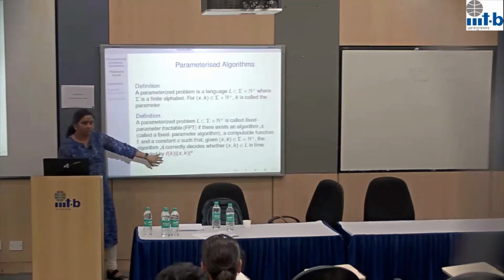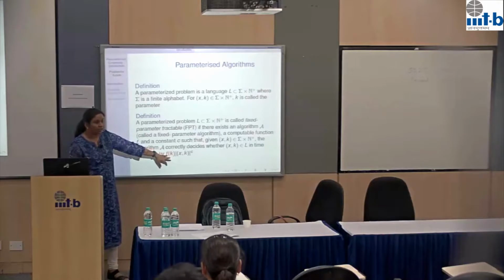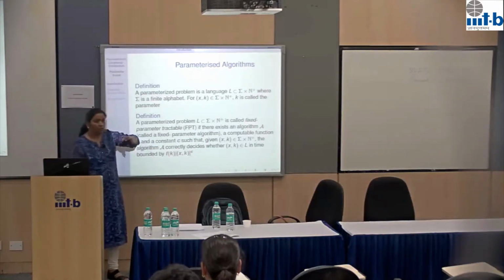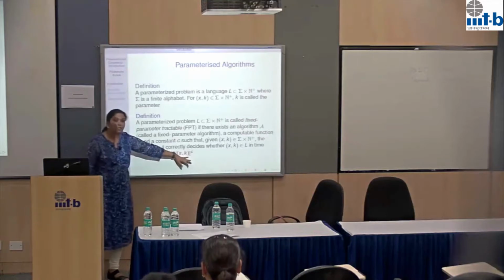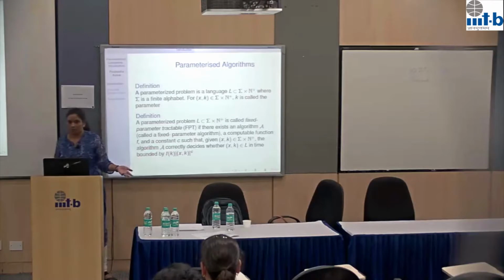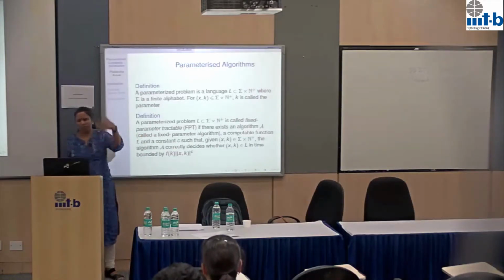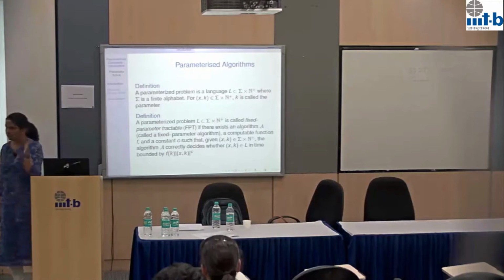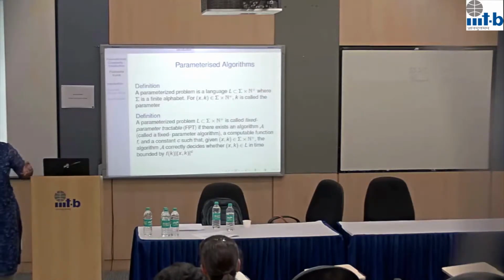There can be an exponential factor, but the exponential explosion is limited to only the parameter, whereas in the input size it is polynomial. So what happens when k is very small? Let's say k is a small constant. Even if f of k is 2 to the power 2 to the power k, a big exponential function, when k is small, that value is small. It's as good as a constant.